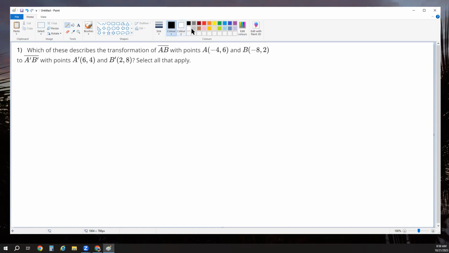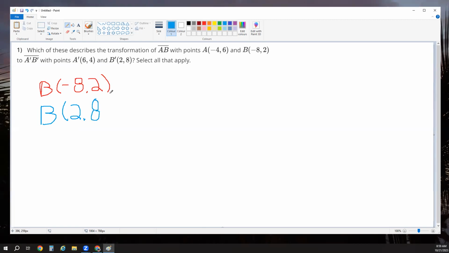Why not? All right, so let me grab colors. I'll do point B first. That goes on top, and that's my initial point. Point B is -8 and 2. And my primed point, the point after the transformation, is 2 and 8.